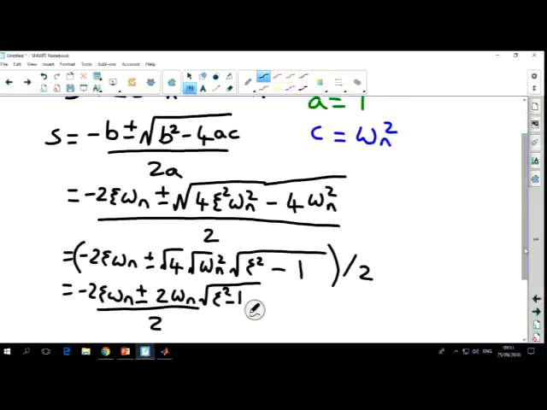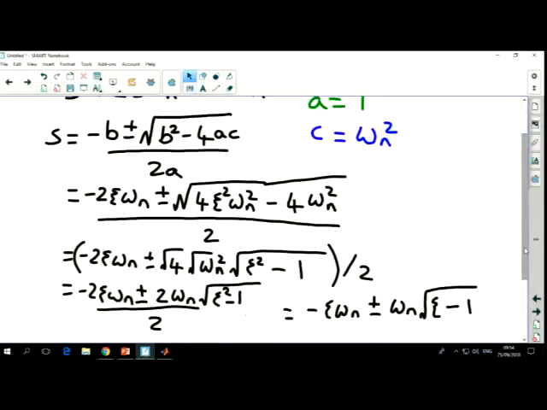And then the final bit is divide everything by 2, so we end up with negative zeta omega n plus or minus omega n times the square root of zeta squared minus 1, which should be the answer that we got earlier. So again, algebra more than anything else, but I did tell you you need a lot of algebra for this course.